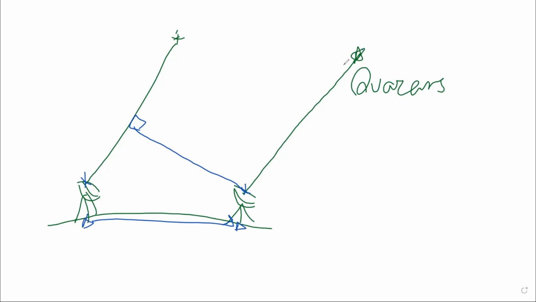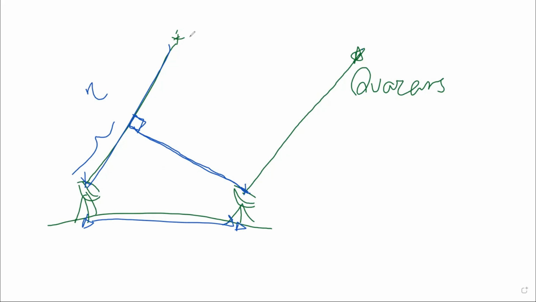So if I plot a line like this, which is perpendicular to this line coming from the quasar, this difference, let me call it tau. Tau is the delay that is actually measured.